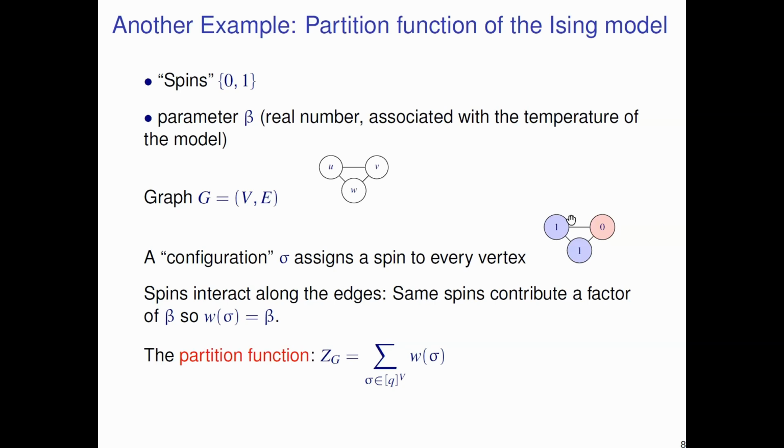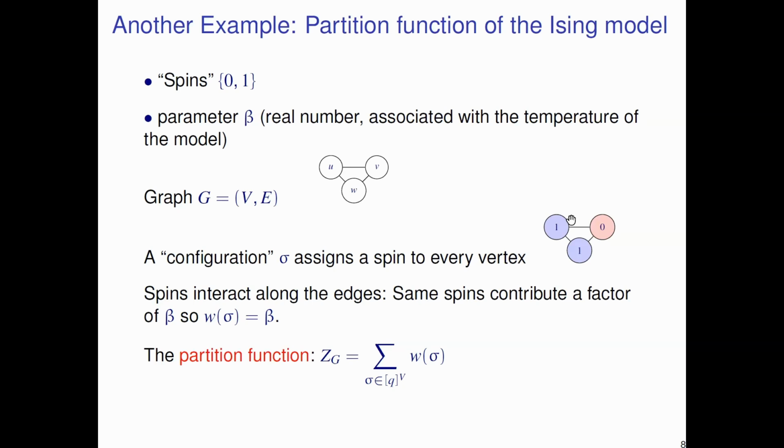In the Ising model, I've got two spins, which I'm going to call 0 and 1. I've got a parameter, beta, which for now is going to be a real number. It's associated with the temperature of the model, but it isn't the temperature physically, so let's just call it beta.